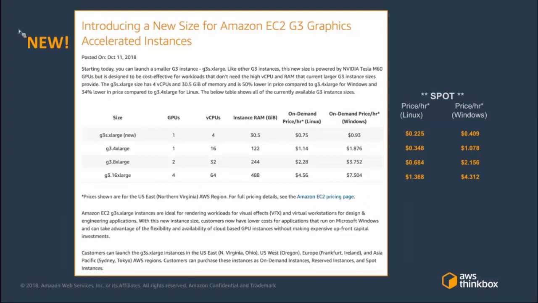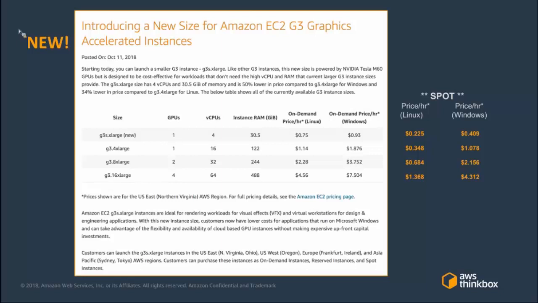What I thought was kind of interesting is the on-demand pricing. You can see there on the left how it equates if we were to use these instances not for workstations, but for GPU headless rendering. If we just want to get as many GPU instances as possible, as cheaply as possible, which in this case would be Linux, these are all based on the pricing in our North Virginia, US East 1 region, which is typically where we quote all our prices across AWS so it's consistent in one region.